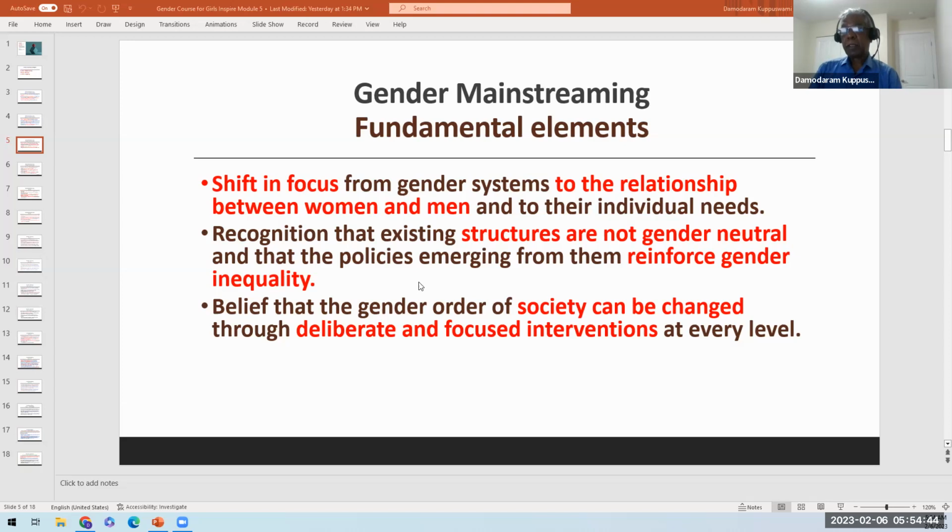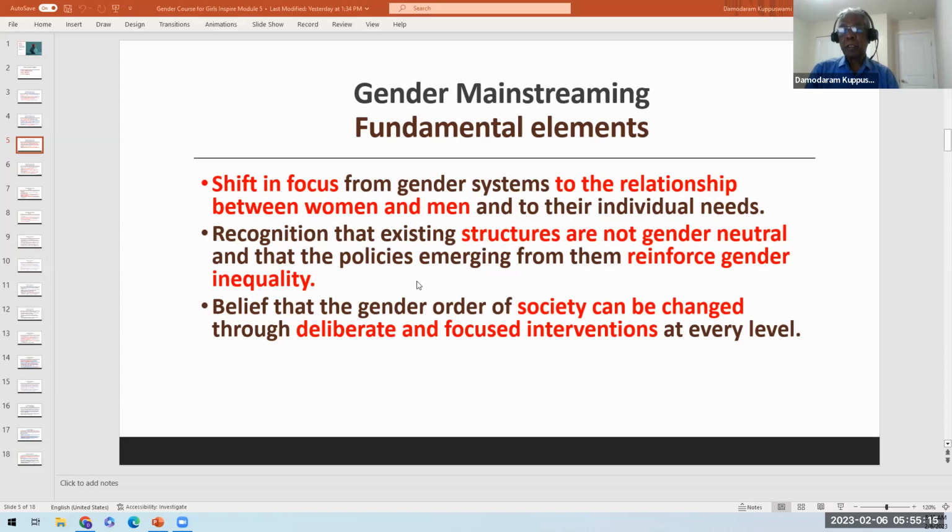The second part that gender mainstreaming recognizes is that structures are not gender neutral. They are biased towards men, because the people who occupy the structures are all part of the cultural process that we go through. So the structures, and the policies formulated by them, contribute to perpetuating gender inequality.